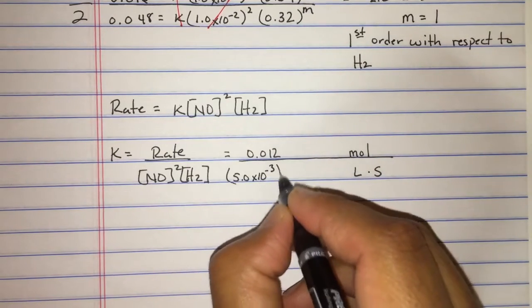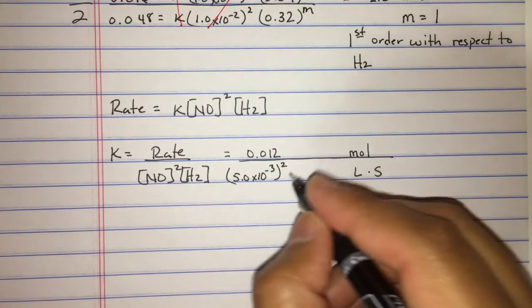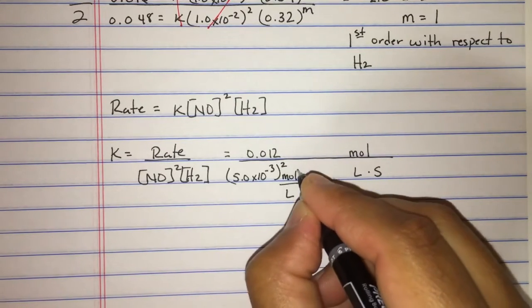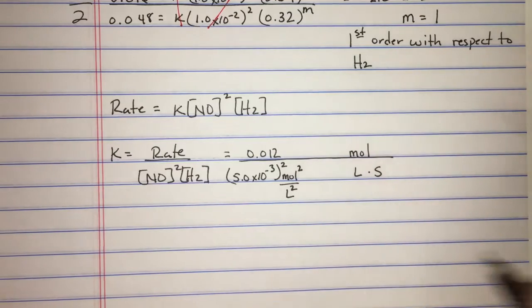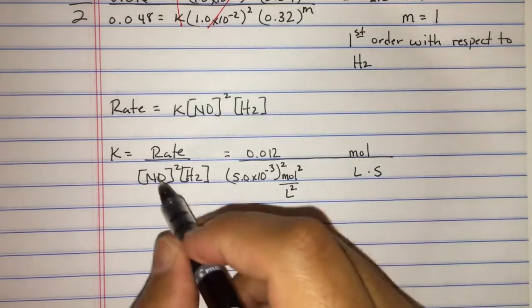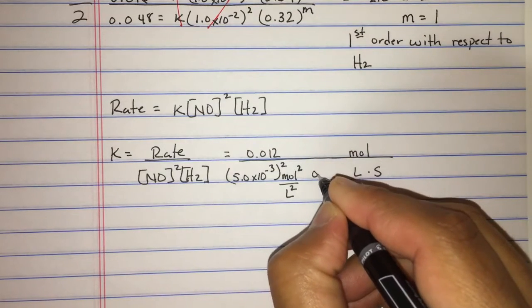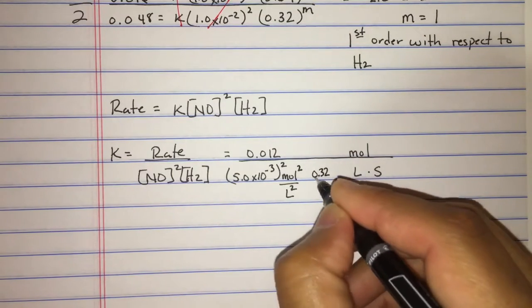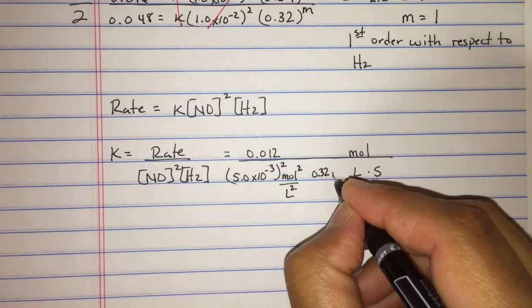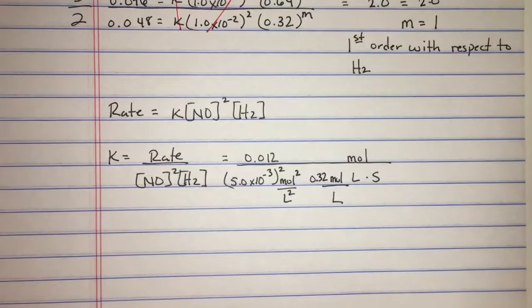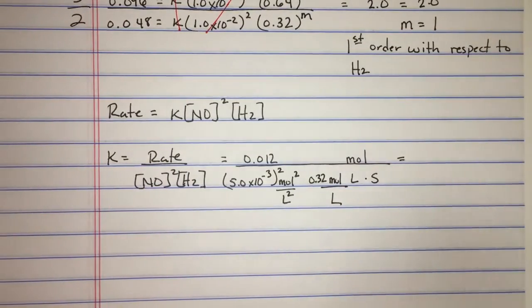Now remember, this is squared, and the concentration is also squared. So make sure you square those units. The hydrogen is raised to the 1. So for hydrogen, this is 0.32, and this is in mole per liter. Okay?